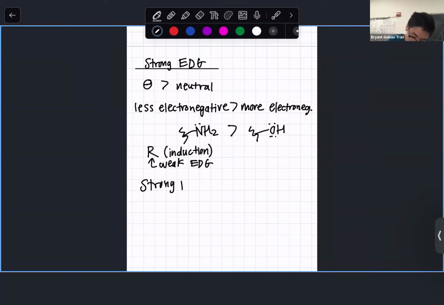A strong EWG is like a strong electrophile. Positive charge is better than neutral.